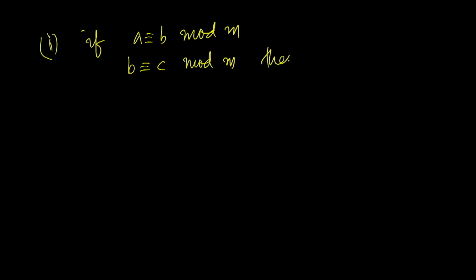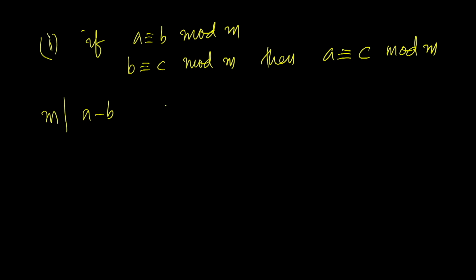The second part of the theorem says if a ≡ b mod m and b ≡ c mod m, then a ≡ c mod m. Once again, it follows from the definition. If a ≡ b mod m, then a − b is divisible by m.